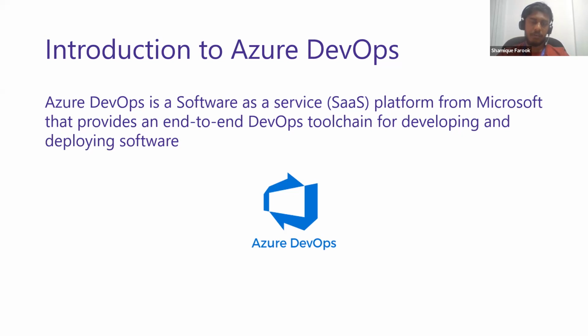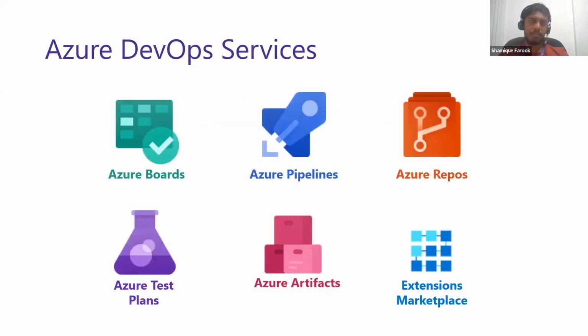Okay, talking about the services offered by Azure DevOps, these are the services that come under the Azure DevOps umbrella. Azure Boards and Azure Test Plans mainly focus on the project management aspect.